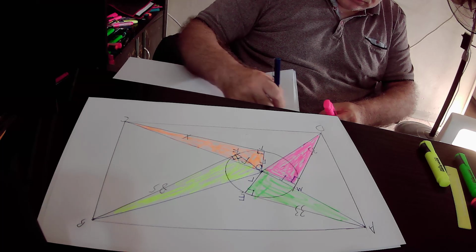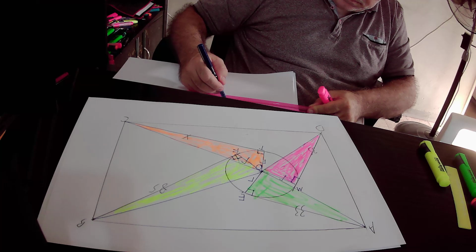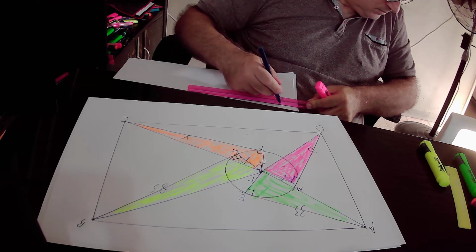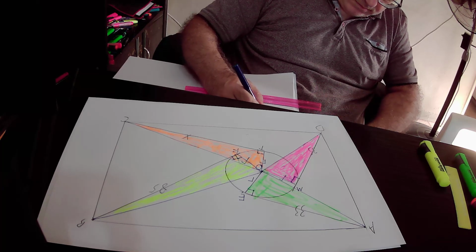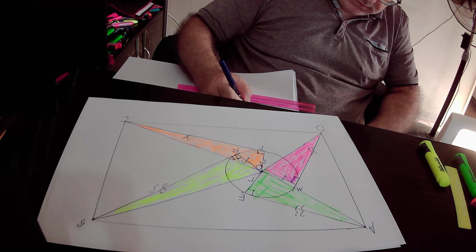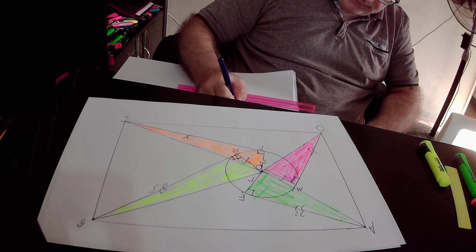According to equation number 2, BO squared equals R squared plus 85 squared.